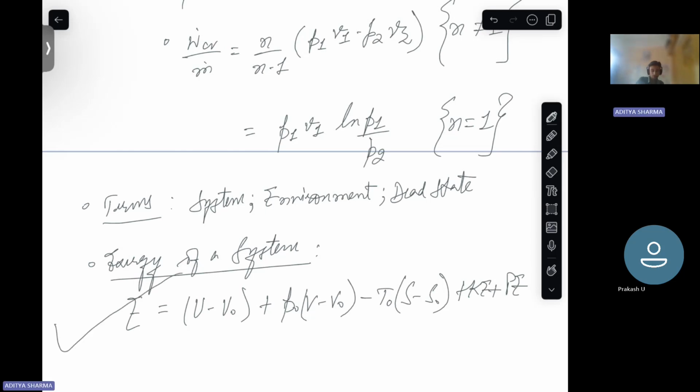In this case, U is for internal energy, P is for pressure, V is for volume, T is for temperature, S is for entropy, and then there is kinetic energy and potential energy.